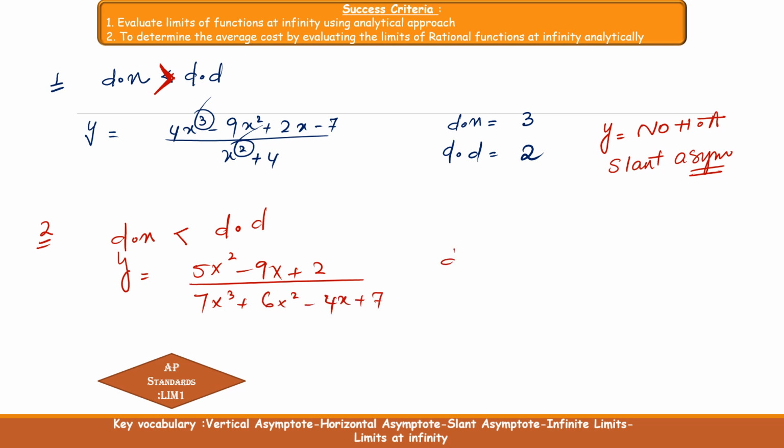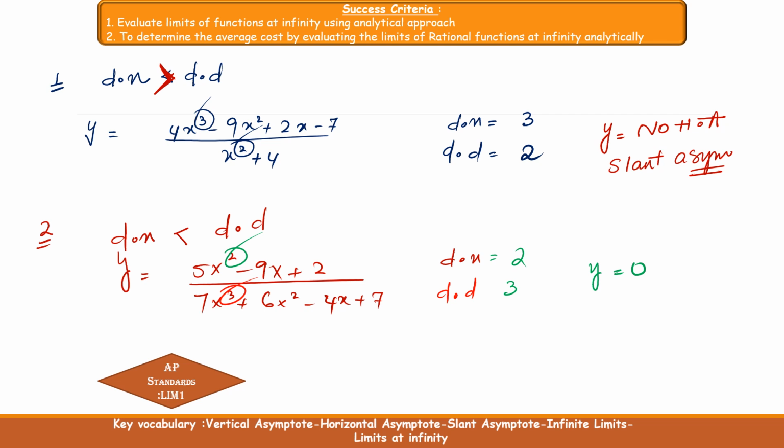In this case, what is the degree of numerator? The highest degree is 2. What is the degree of denominator? The highest degree is 3. So you can see that the degree of numerator is less than the degree of denominator. So always the horizontal asymptote will occur at 0.